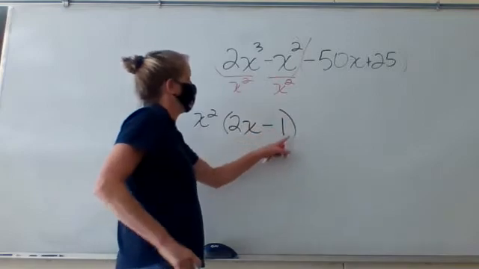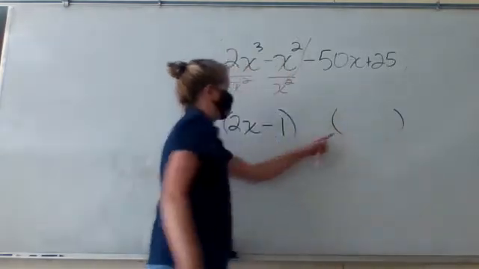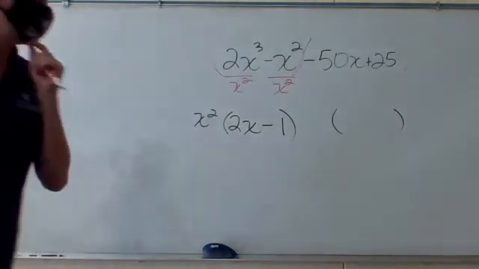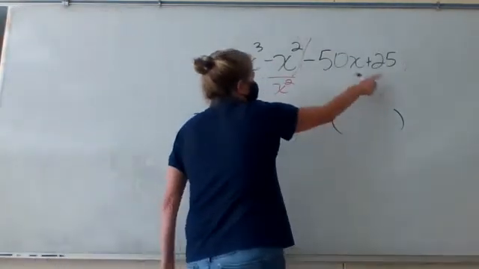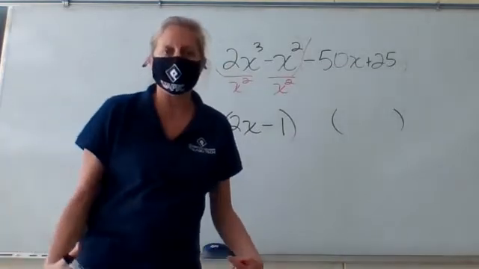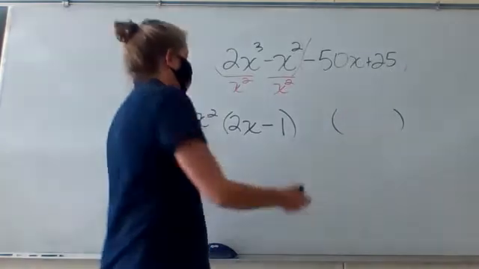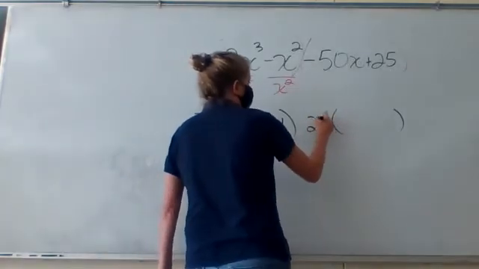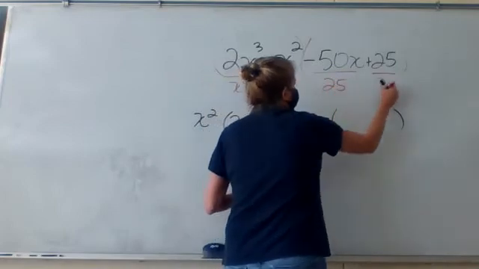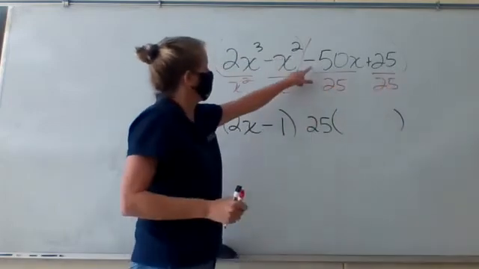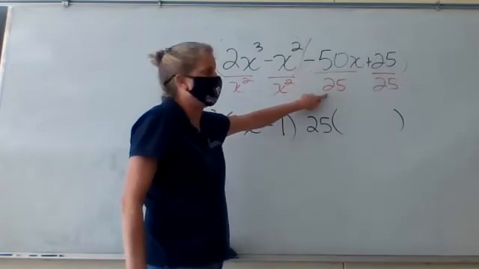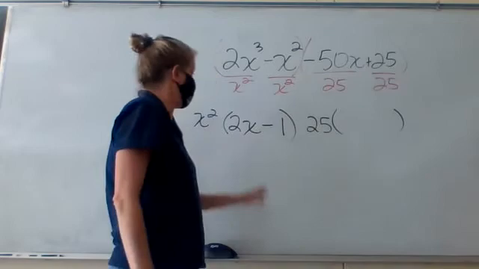Looking at my second group. Now remember, you want this parentheses to be 2x minus 1, so it'll match the first one. So let's see, what goes into 50 and 25? 25 does, right? So I'm going to pull out some kind of 25. I just need to decide if I need to pull this negative out with it. So if I pull out positive 25, what am I going to be left with here? What do you get if you divide negative 50 by positive 25? You get negative 2x.